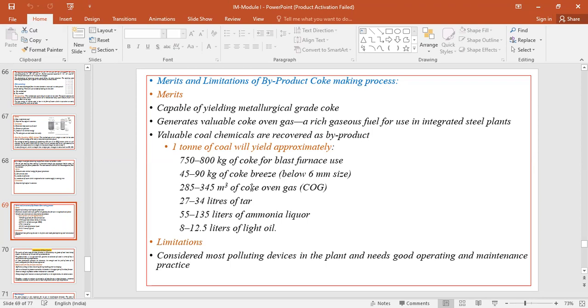So utmost care should be taken during this coke making process and byproduct recovery also.